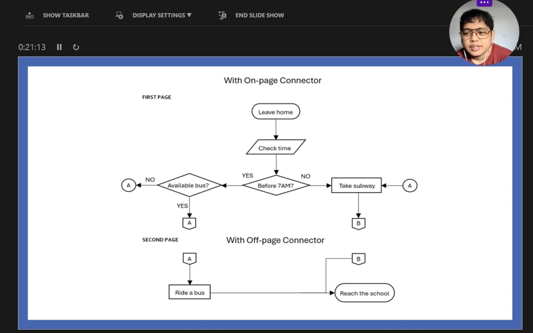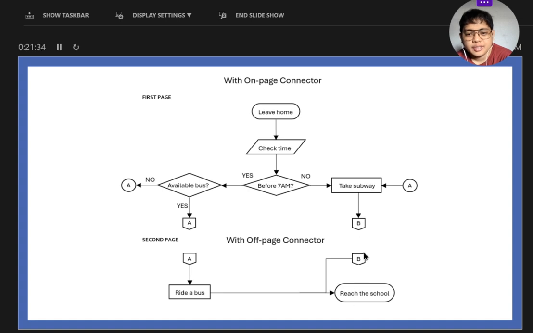To use this, we need to insert this symbol, the symbol of the connector, and of course, we need to write a letter to point to the next flow, which is this one.